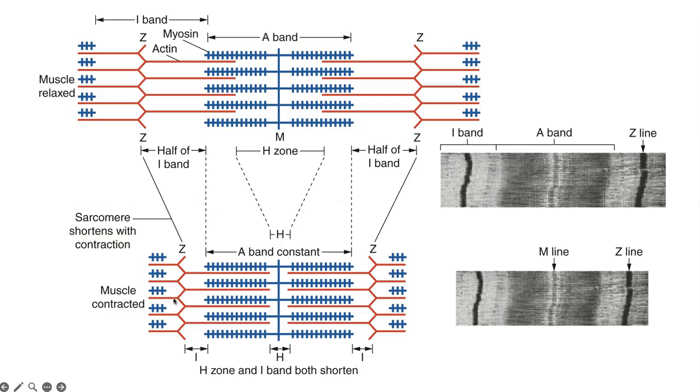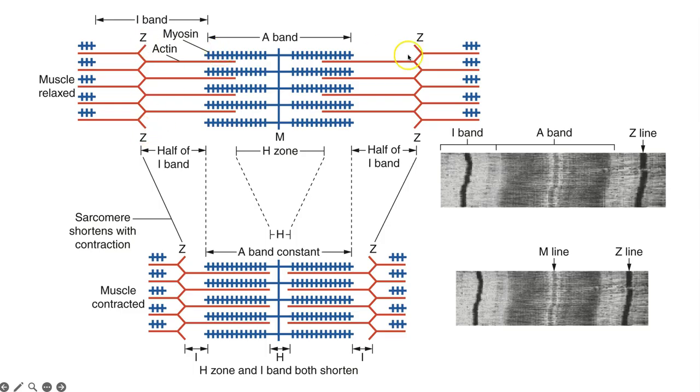So that takes us on to looking at this sarcomere in terms of the bands and the zones. So this is our sarcomere. We've got our actin filament and our myosin filament is shown in blue here, and those lines coming out are the heads. So the A band is the distance of the myosin.